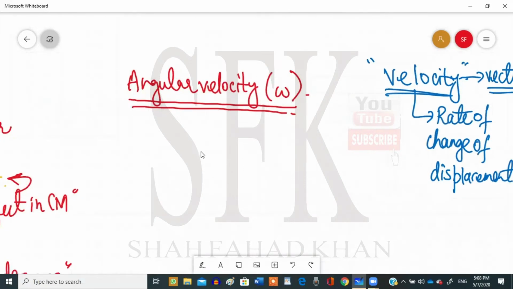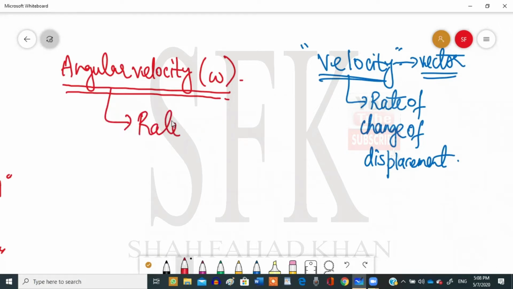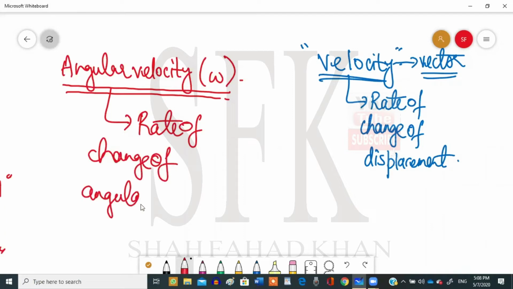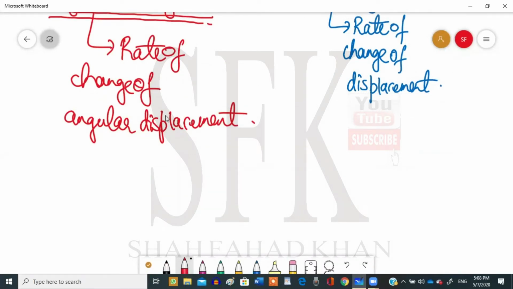Now, what is angular velocity? This was just the rate of change of displacement, right? If I add the term angular in here, angular displacement, it becomes angular velocity. So I could simply say that this is the rate of change of angular displacement. We can also write it mathematically.